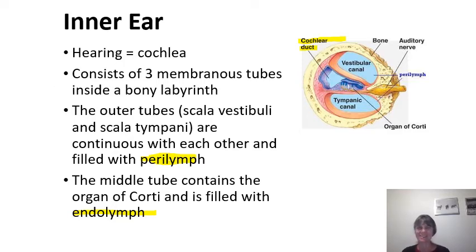So we'll see that in just a second. The production of sound occurs because of this special mechanism called the organ of Corti. And we'll take a look at the organ of Corti and the structures that produce it so you can understand how sound is produced a little bit better.